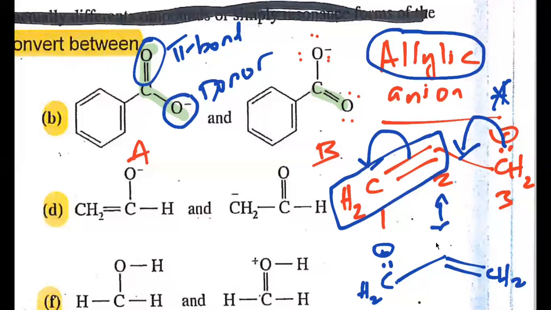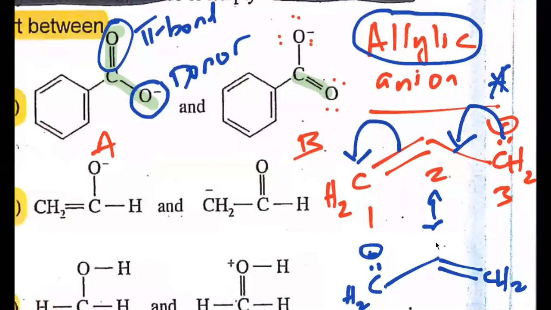That's one pattern you're going to encounter when looking for whether resonance can happen. It's a very common pattern. And the electron flow is always the same. The anion is the source, or the donor, and the pi bond next to it is going to be the acceptor.